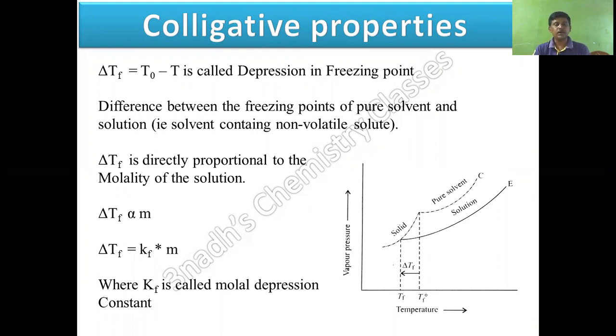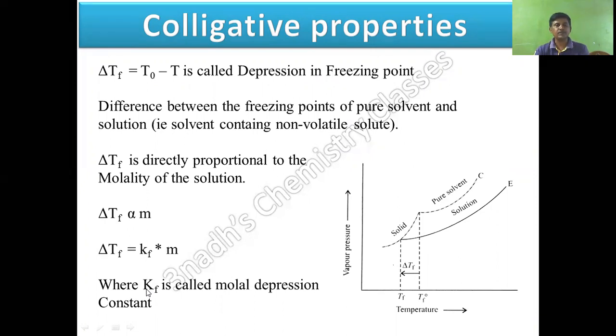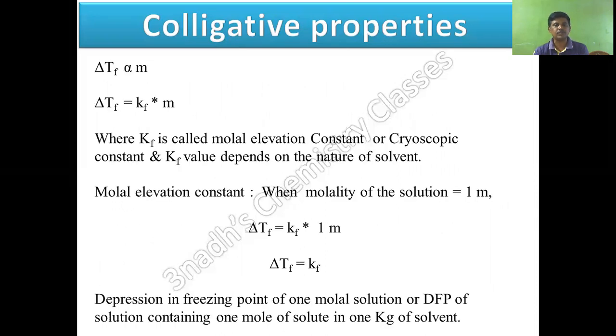Experimentally it is observed that depression in freezing point is directly proportional to the molality of the solution. Delta TF is proportional to m, so delta TF is equal to KF into m. Here the proportionality constant is KF, called the molal depression constant.